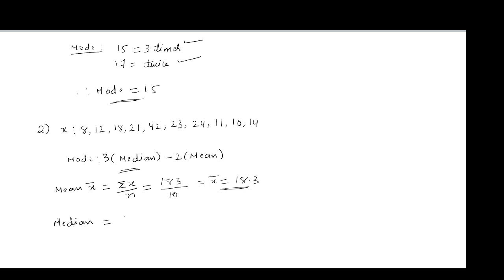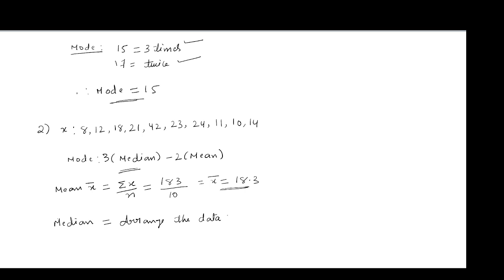So we know that median can be calculated for case number 1 by arranging the data. My first step is, first we have to arrange the data either in ascending order or descending order. Any order you can arrange. It is not mandatory to arrange only in ascending order or only in descending order.